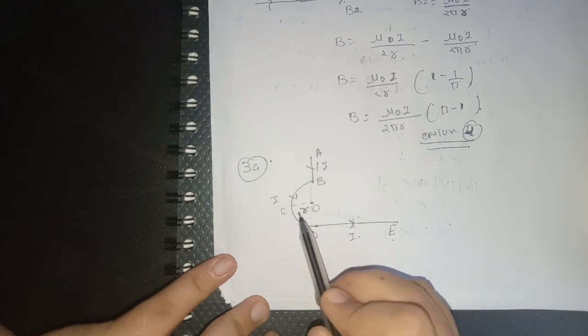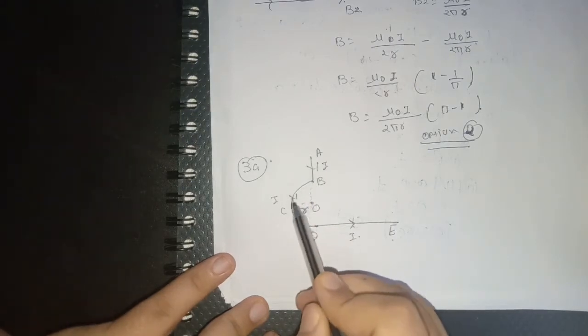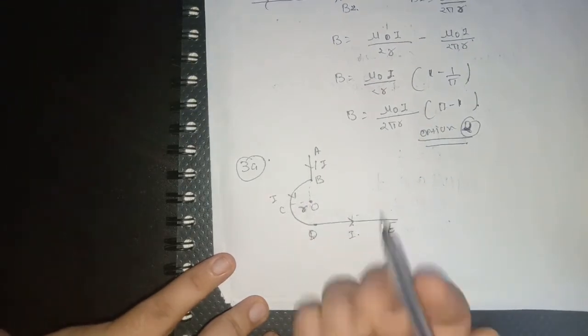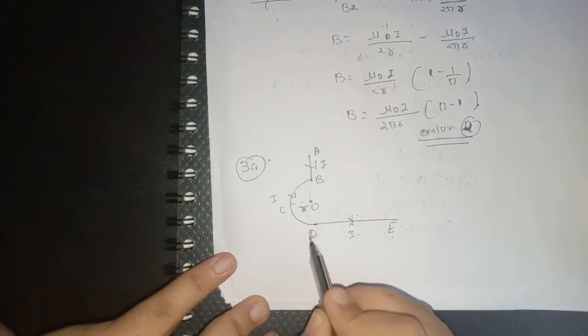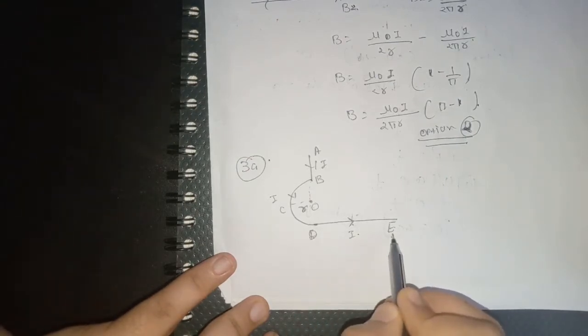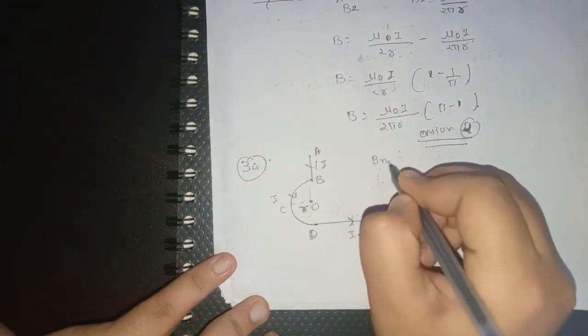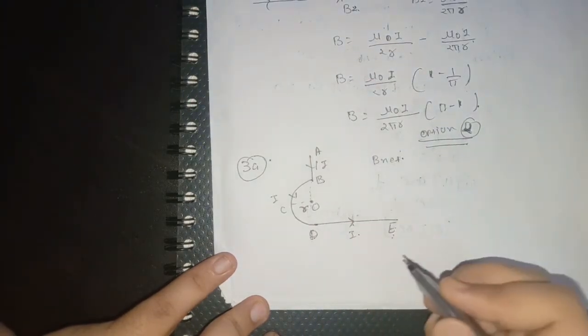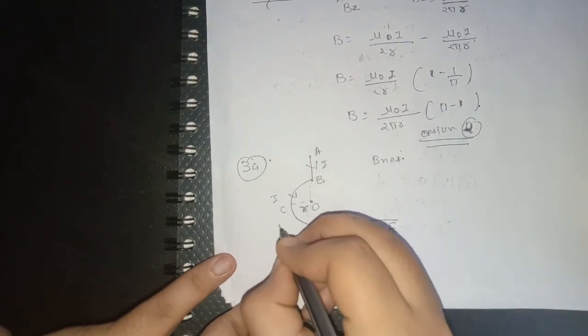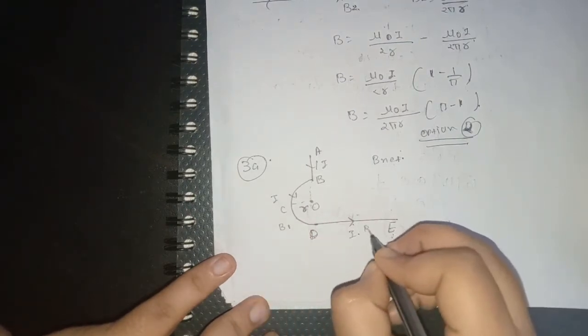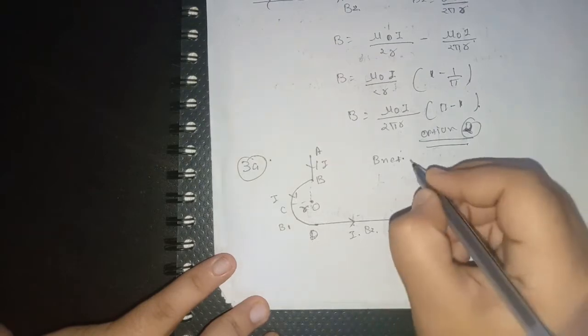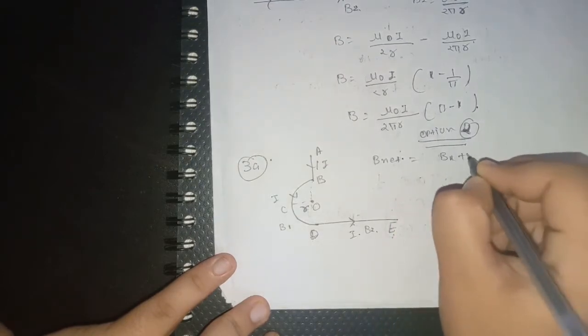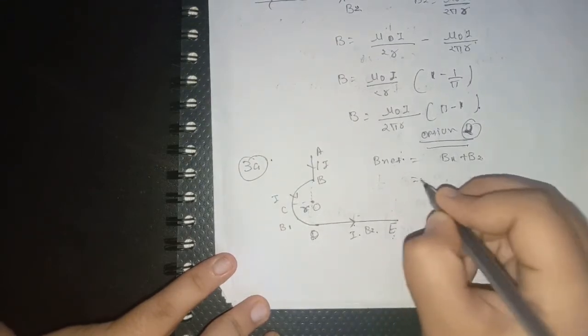Now magnetic field due to arc BCD will be outside the page, and due to this semi-infinite long wire DE will also be outside the page. So for net magnetic field we will add both the magnetic fields. Let's say magnetic field due to the arc is B1 and due to the semi-infinite wire is B2. So B naught is given by B1 plus B2.